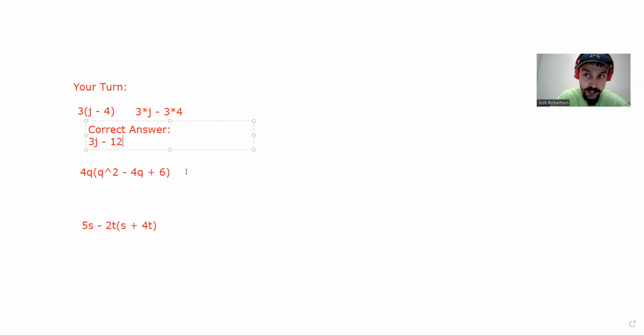Ooh, here's one with a trinomial now. So you've got 4q times q squared, which is 4q to the 2 plus 1, remember? And you've got minus 4q times 4q.